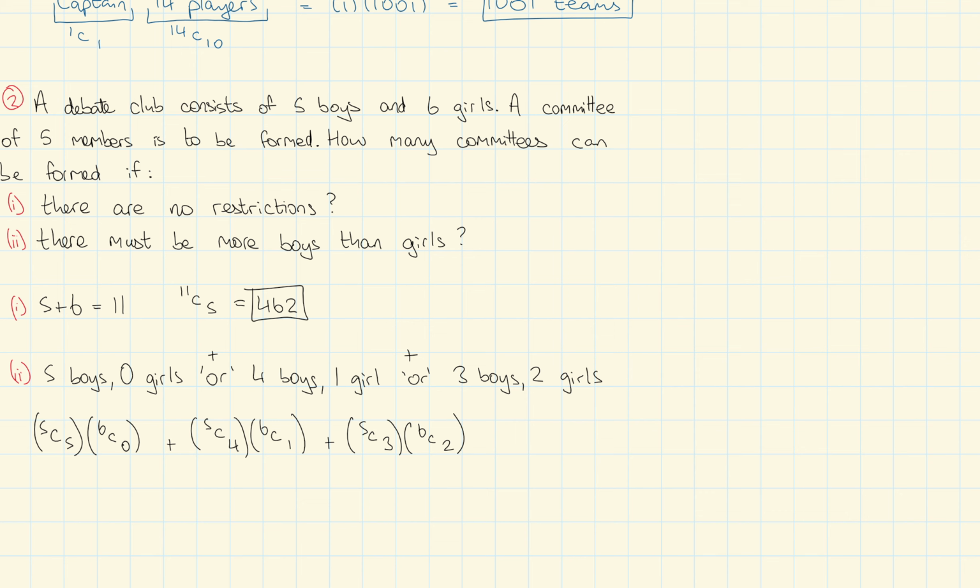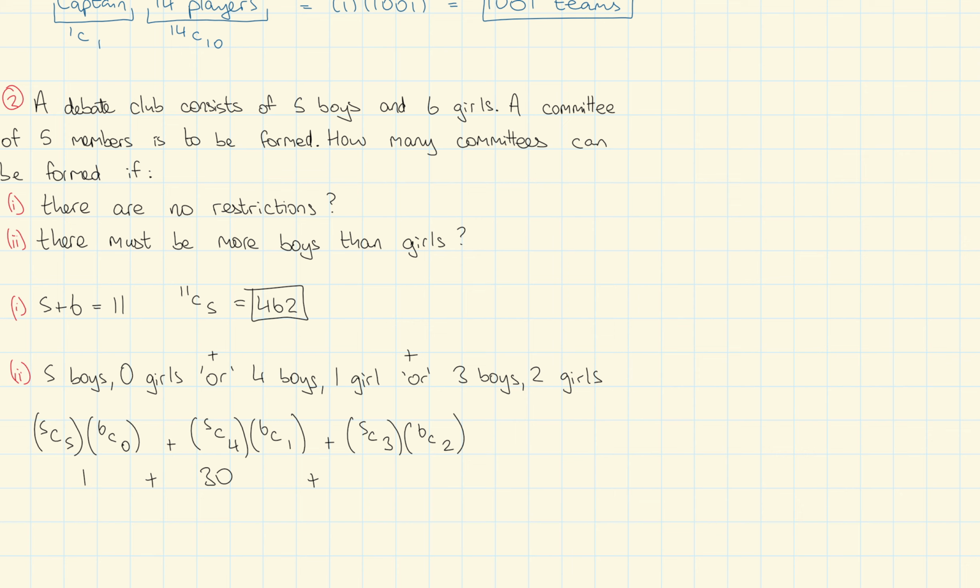So into our calculator, and you can put it in brackets. 5 choose 5 multiplied by 6 choose 0 will give us back 1. 5 choose 4 multiplied by 6 choose 1 will give me back 30.